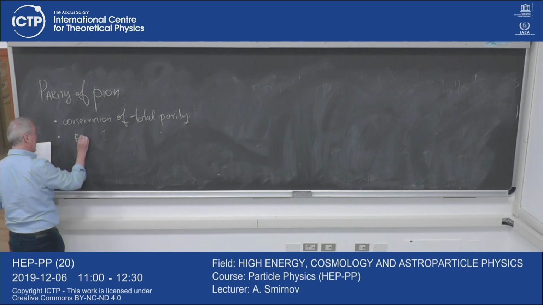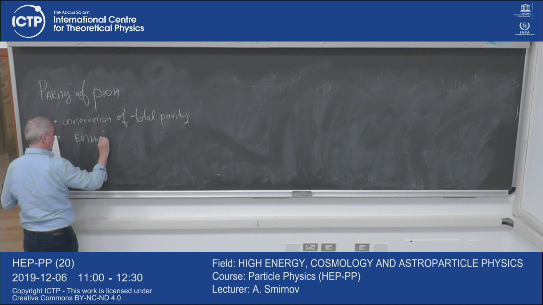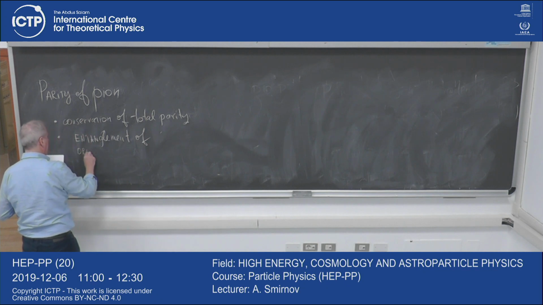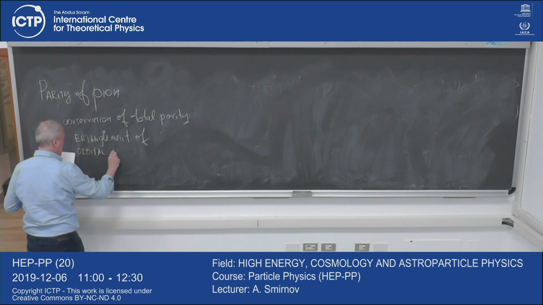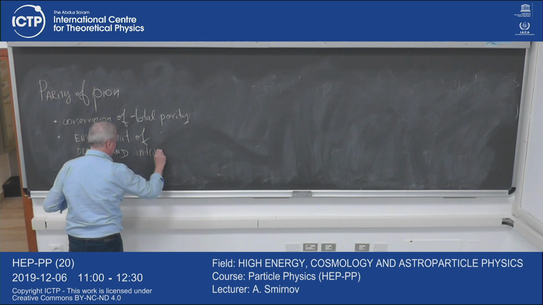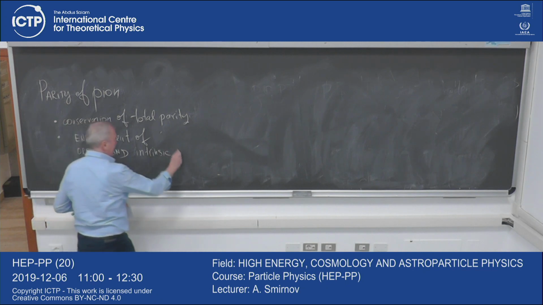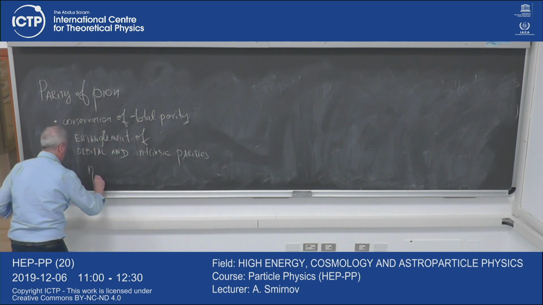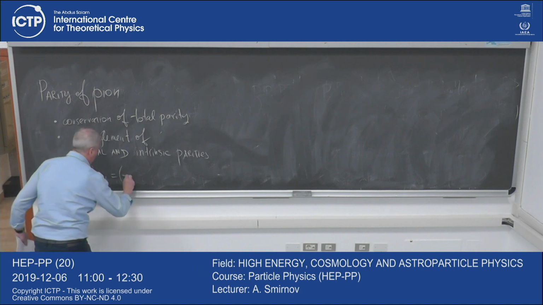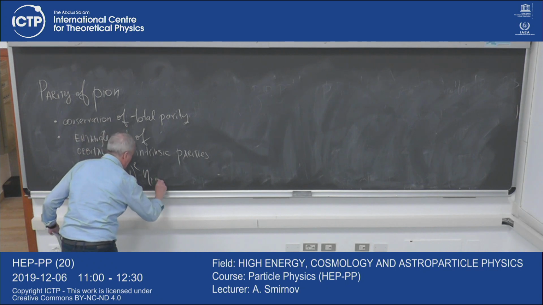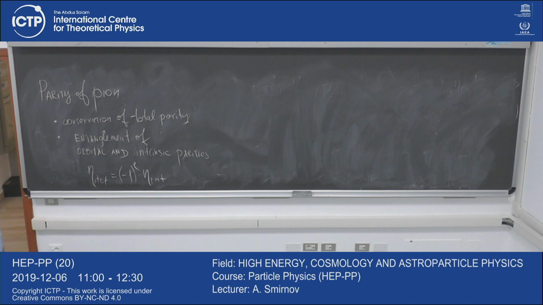So entanglement of orbital and intrinsic, or internal, parities. And remember, eta total is given by minus 1 to the power L times eta internal. I put here P because there is also C parity. We'll discuss it a little bit later.